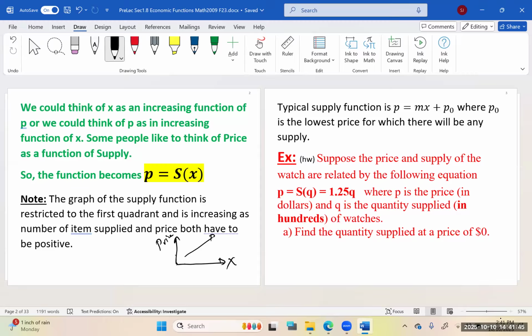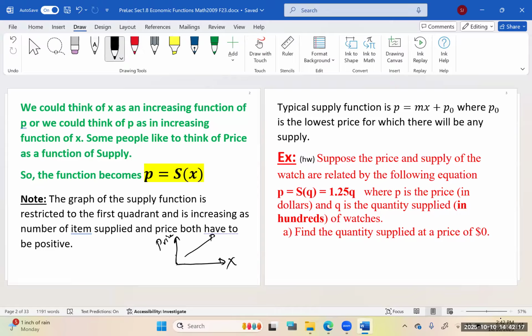Question from the homework. Suppose the price and supply of the watch are related by the following equation: P equals S of Q. Q is the quantity. So price equals the number of quantity you have, denoted here by 1.25 Q. Means if you produce 1 watch, you get $1.25.